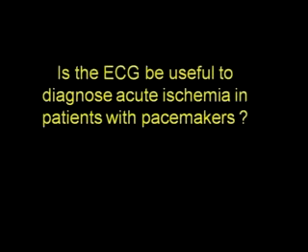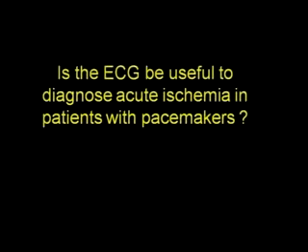Finally, we know that in patients with permanent pacemakers, especially ventricular pacing, it is quite difficult to diagnose acute myocardial infarction from the ECG. Most pacing is done from the right ventricular apex, so it gives a left bundle branch block with a left axis deviation.